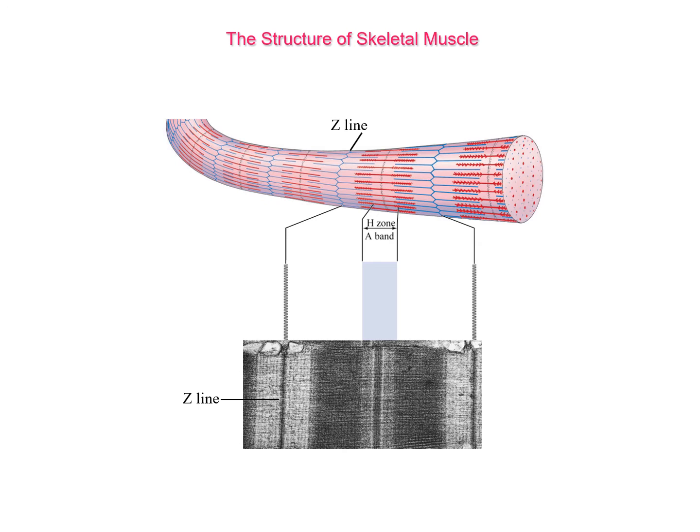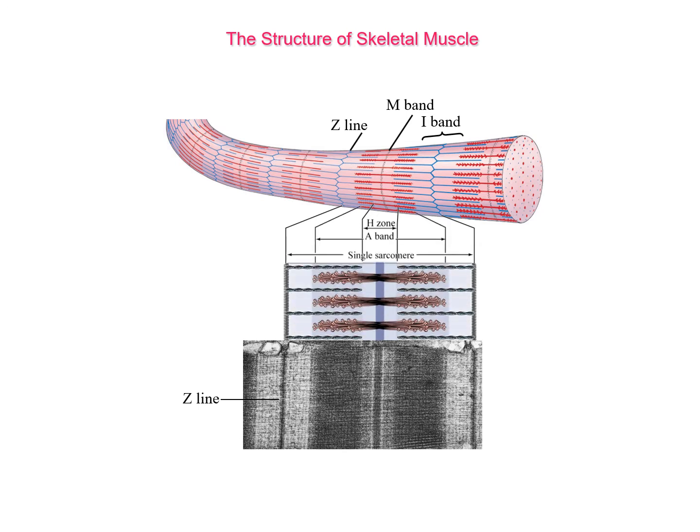The A band is the dark, thick filament area, and the I bands are on either side of that. There it is, the A band. And these are the I bands, right here and here, with the Z line, and the M band or M line is right down the middle.